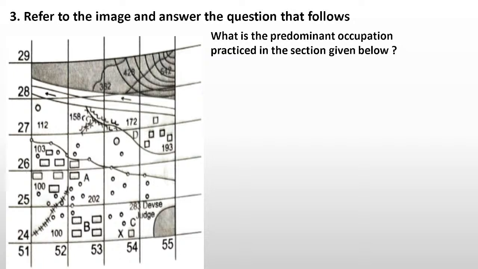And your options are A, agriculture, B, forestry, C, fishing, D, lumbering. So what do you find is the predominant occupation practiced in the section given below that you can see in the image?